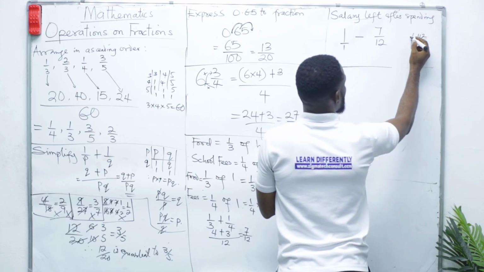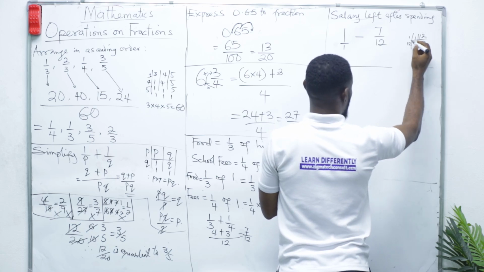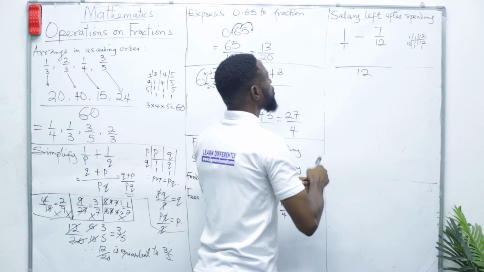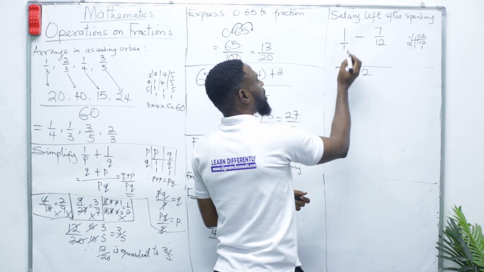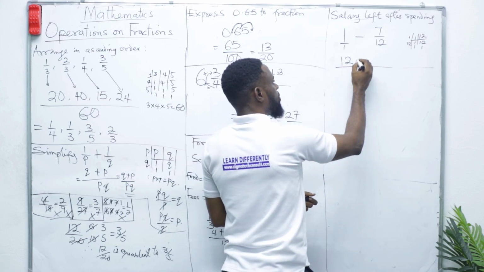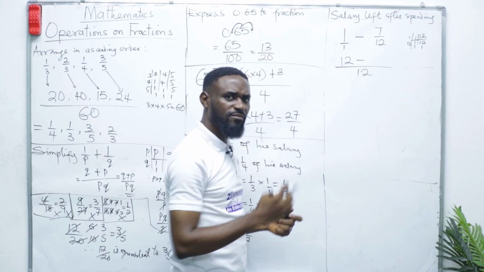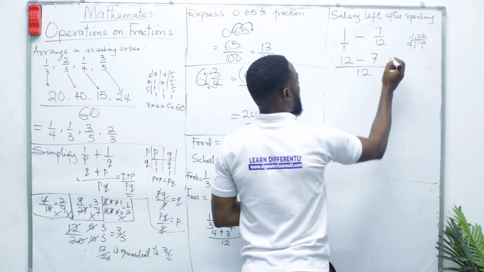This is 1, here is 12, so 12, this will be 1 and 1. 1 times 12 is 12, so this is 12, right? All right, so 12 divided by 1 will give us 12, 12 times 1 is 12. Minus 12 divided by 12 is 1. 1 times 7 is 7, right?